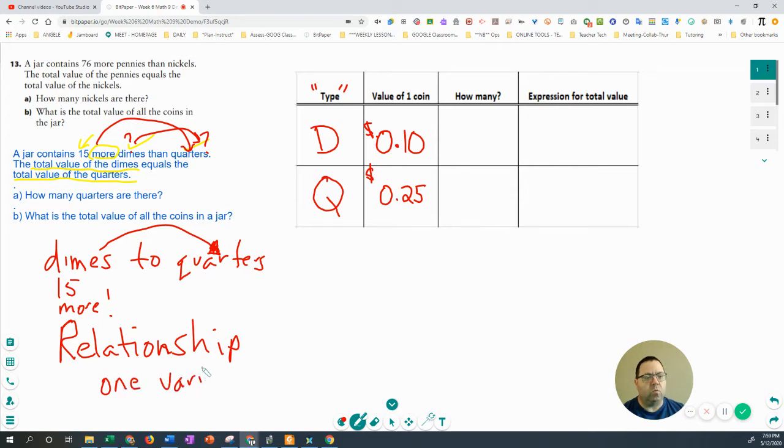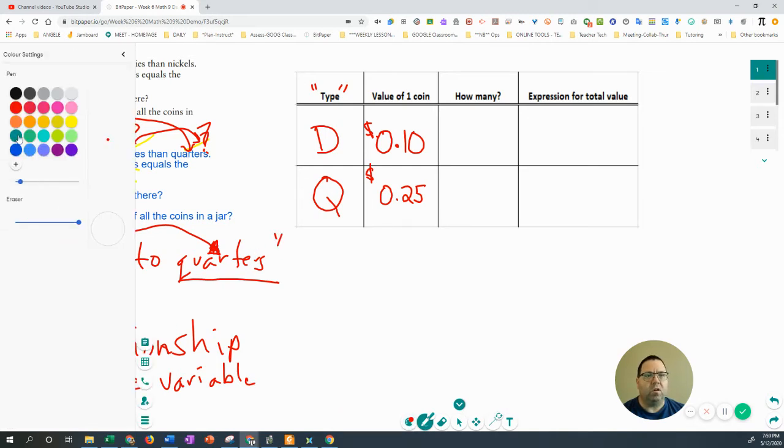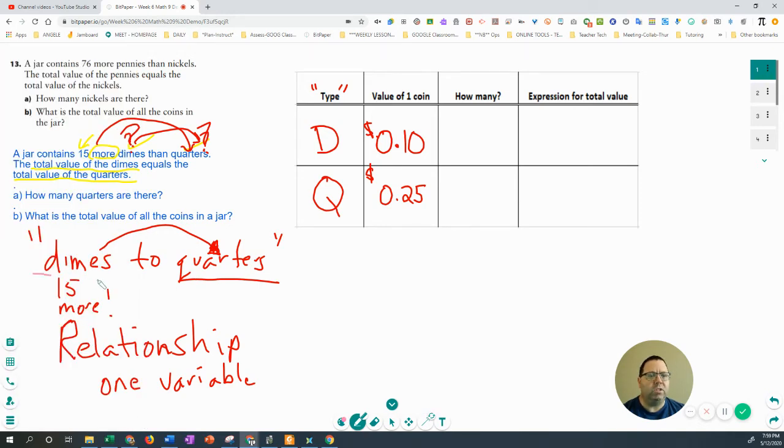So, in other words, instead of actually having two legitimate questions and going, I don't know the amount of dimes, I don't know the amount of quarters, what do I do? Whatever you're relating to, in other words, it's dimes to quarters. I suggest you write this phrase out. I'm going to circle it in light pink. I would suggest you write this out like a little phrase, whatever you have.